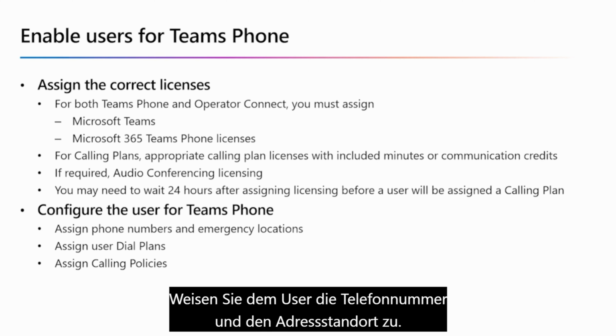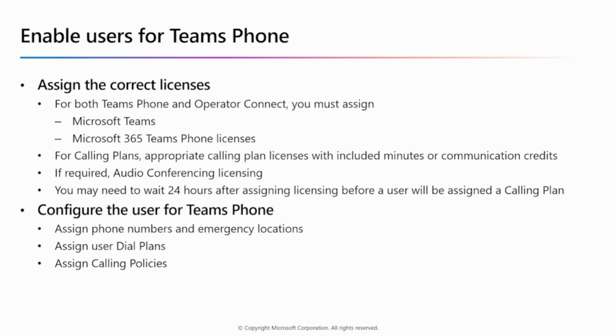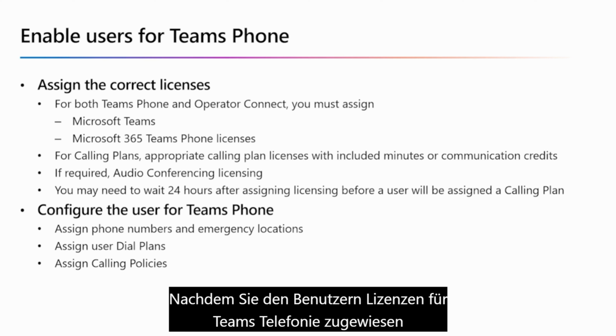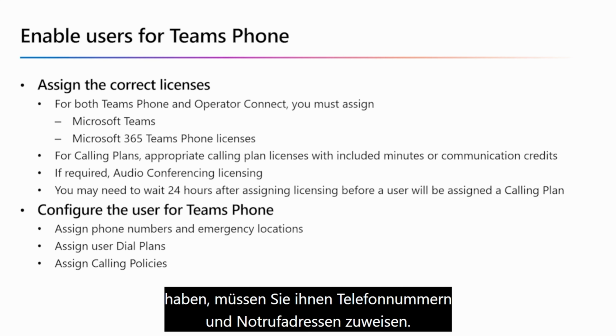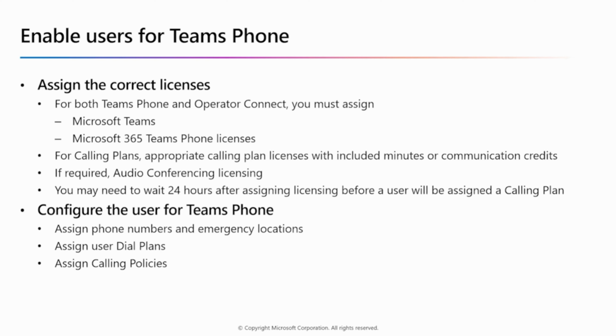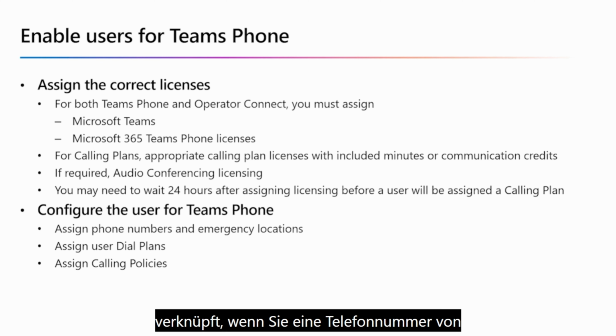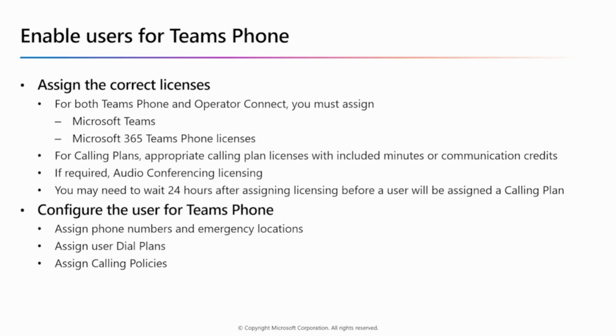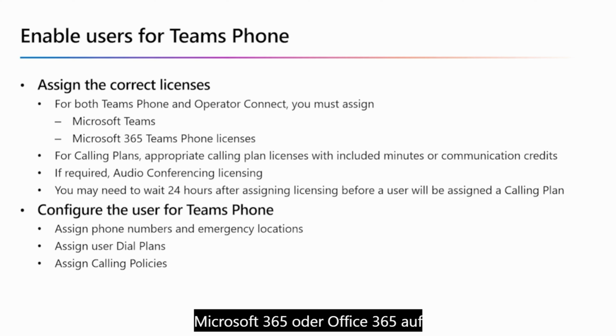Assign a phone number and address location to a user. After assigning licenses to a user for Teams Phone, you will then need to assign phone numbers and emergency location. In European countries or regions, the emergency location is associated with the phone number when you get it from Microsoft 365 or Office 365, or when you transfer a phone number over to Microsoft 365 or Office 365.